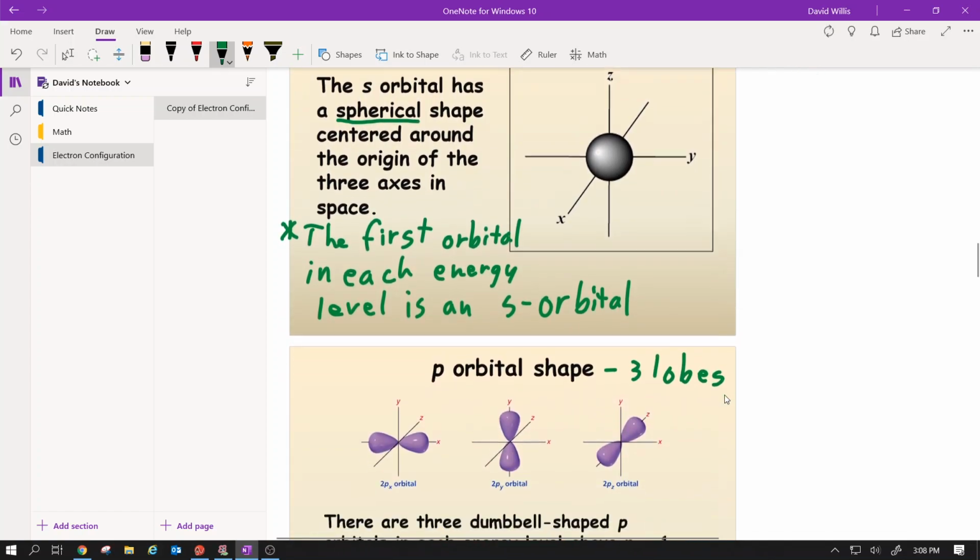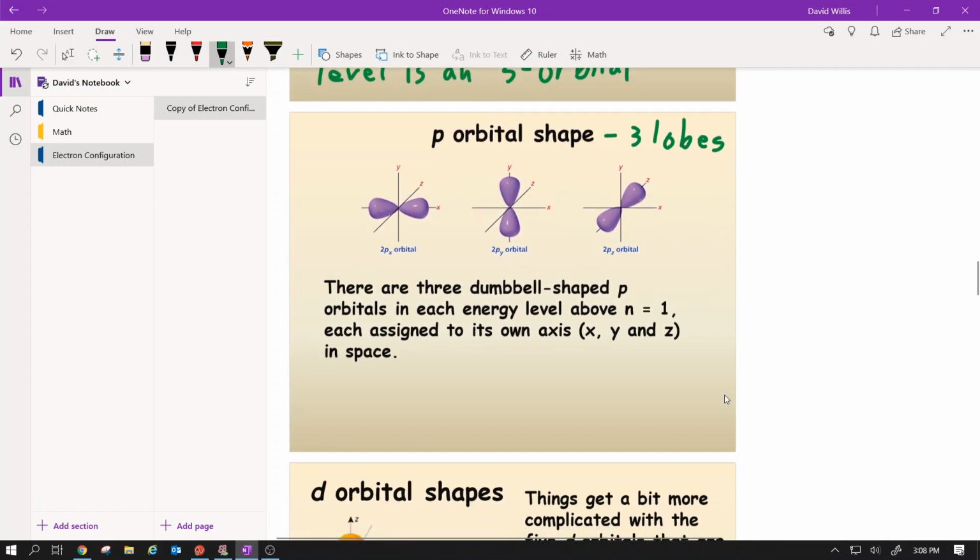All right. So looking at our p orbital, the p orbital has 3 lobes, one in the x dimension, one in the y dimension, and one in the z dimension.